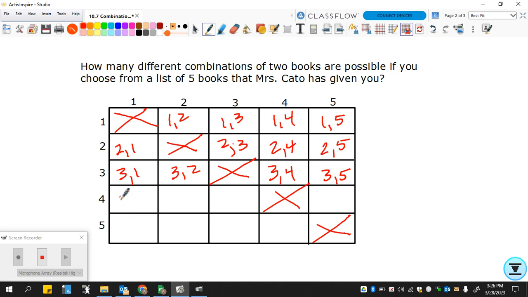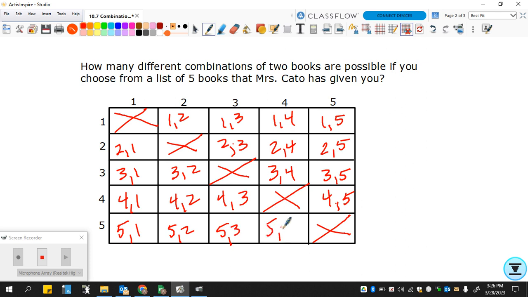So you see how this pattern goes. We just combine the book on the left column with the book up on top, and the last row is 5, 1, 5, 2, 5, 3, and 5, 4.